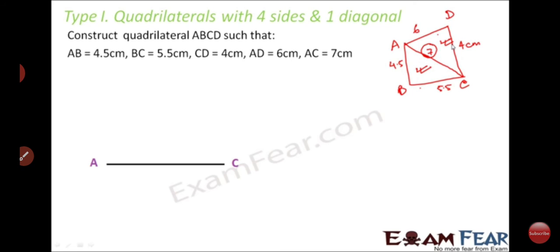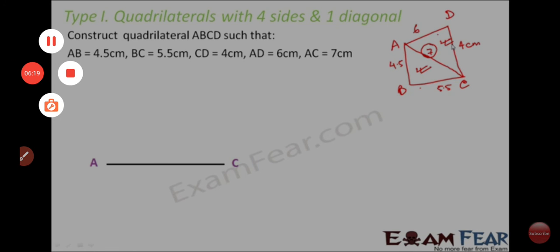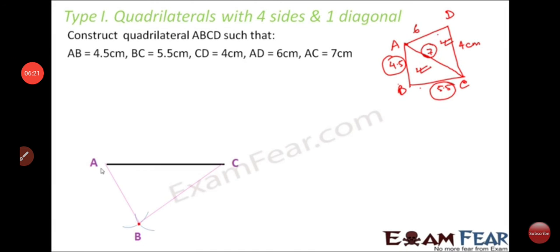Now let's construct the quadrilateral. First you draw AC, 7 centimeter. Now A is the center, draw AB. AB is equal to 4.5 centimeter. So with A as the center, draw 4.5 centimeter.